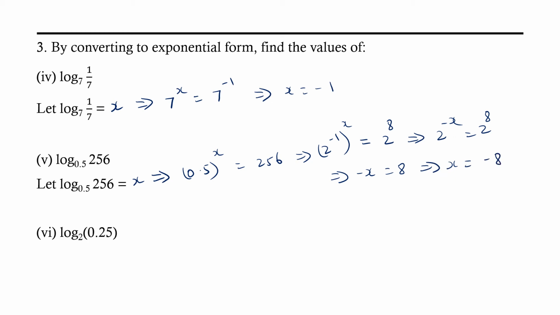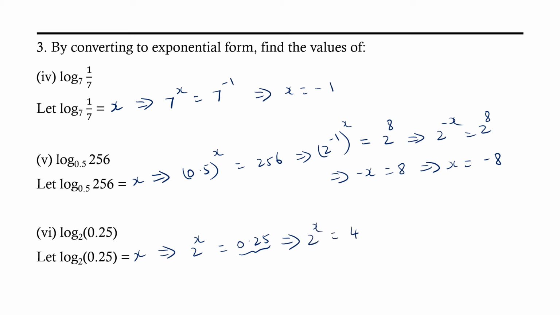The next one, log 0.25 to the base 2. So let us take, let this be equal to x. Converting it to the exponential form, we have 2 raised to x is equal to 0.25. This 0.25, if we simplify, we have 25 by 100, or it is 1 by 4. So 2 raised to x is equal to 1 by 4.